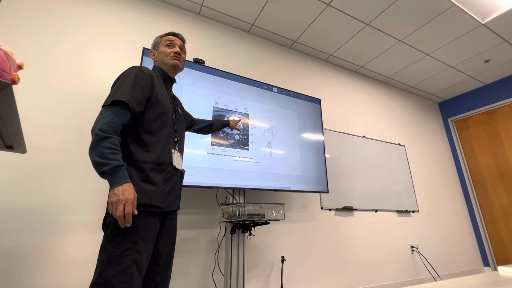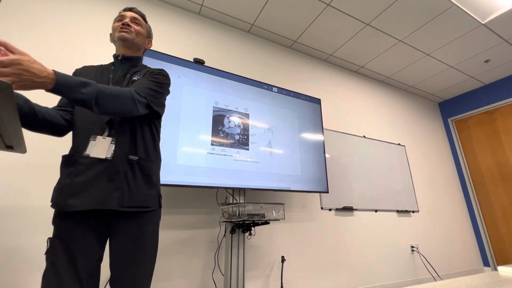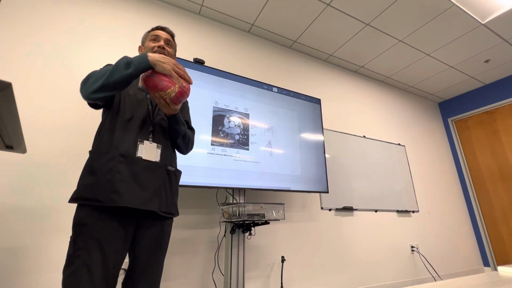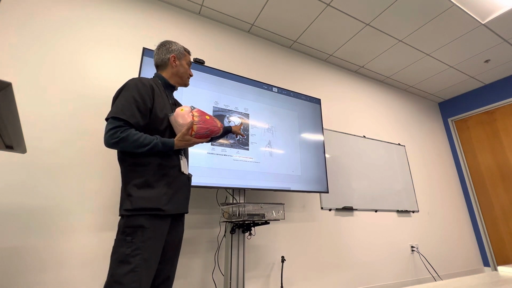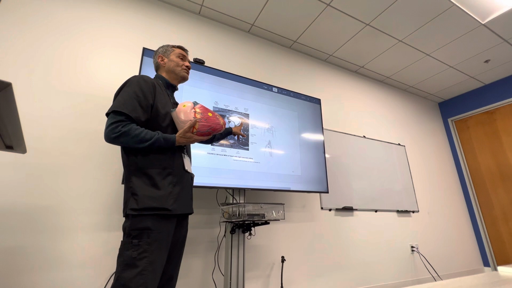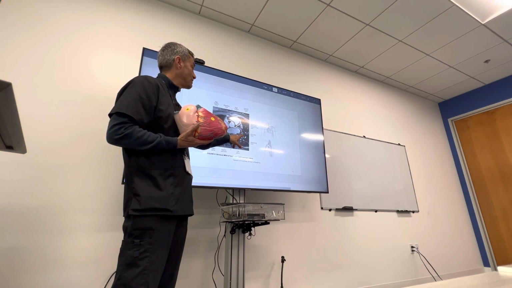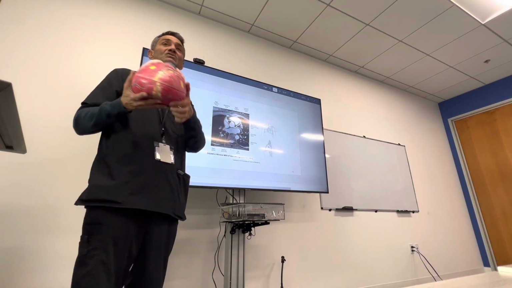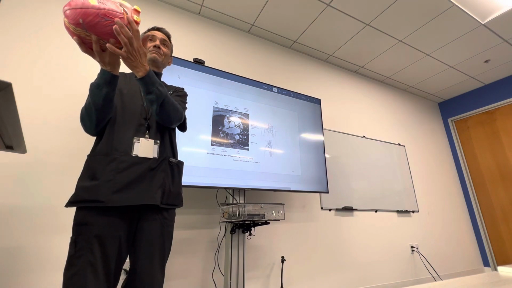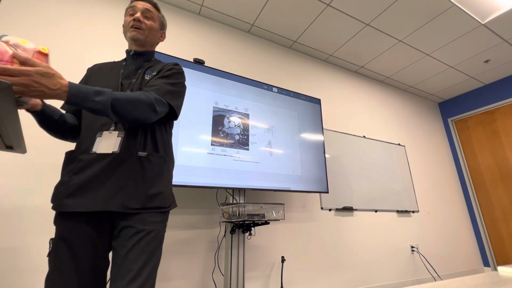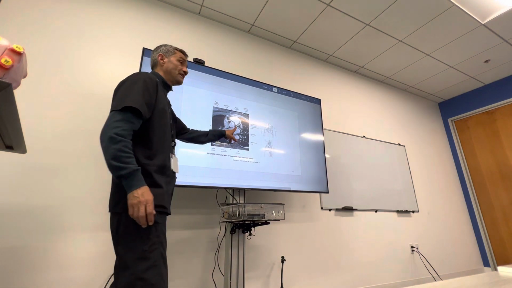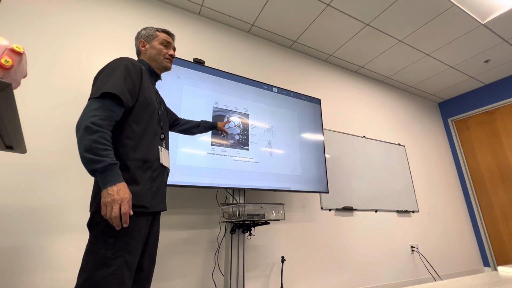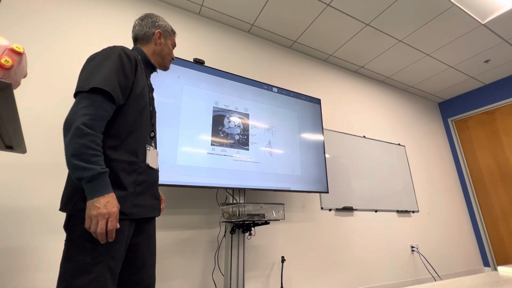One goes toward the anterior to supply the anterior aspect of my left ventricle. We call it anterior interventricular. And then the other one, circumflex, goes toward the back to supply that left side of the heart. On the opposite side, if I said this is the left, go toward the opposite side, then you will see the right one.